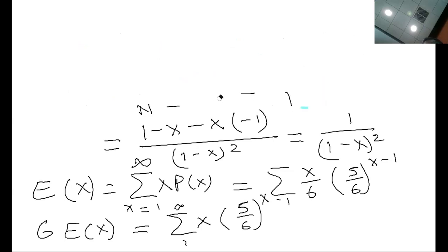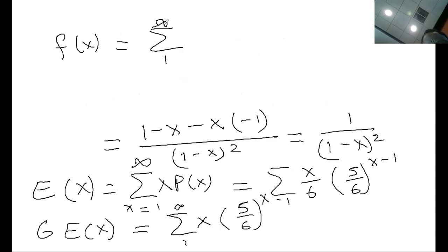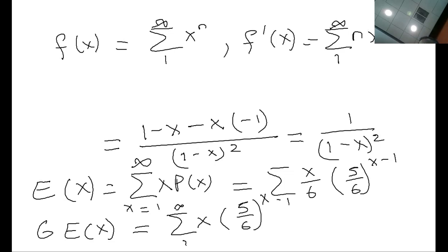So I define small f of x as f of x equal to the sum from 1 to infinity of x to the n, right? Now, f prime of x equals the sum from 1 to infinity of n x to the n minus 1. Is that right? That looks like this one.